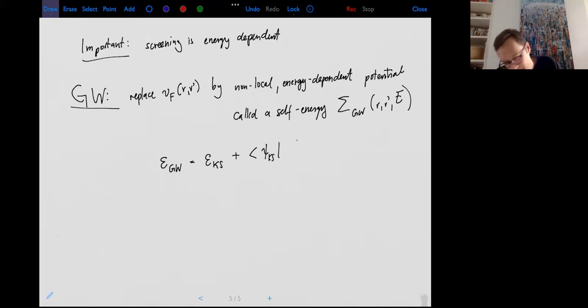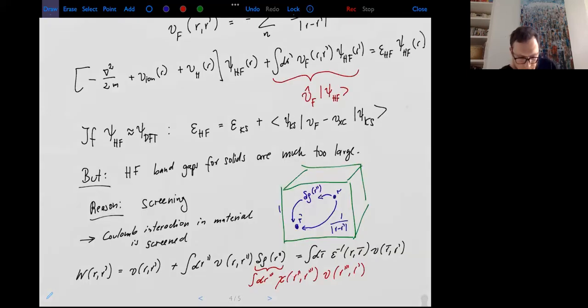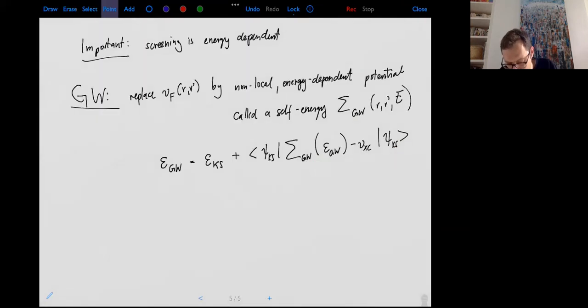And then instead of using the Fock exchange potential, we use this GW self-energy in this correction term, right? So you see it's very similar to this correction term that we developed for Hartree-Fock, but now we're basically replacing the Fock exact exchange potential with this so-called self-energy.